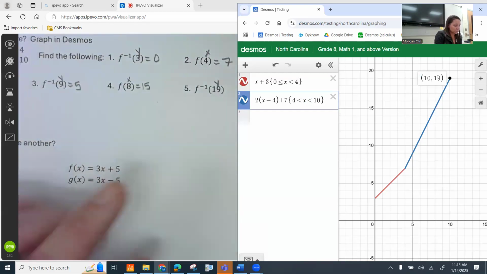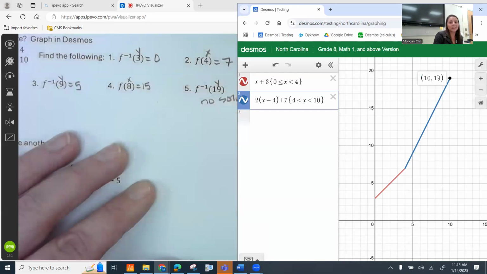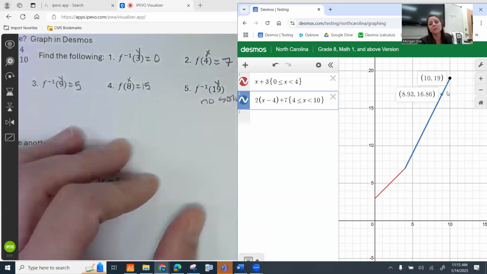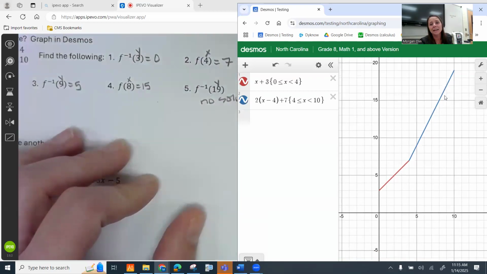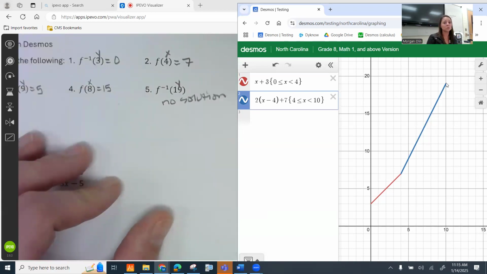Well, here, there is no solution. Okay, because actually right here, it's an open circle if I take this. All right, let me take that off because I cannot get to the end of that blue line right there. Okay, I can't get to the end. So therefore, if I can't get to the end, it's never going to equal 19. All right, so therefore we have no solution for this.